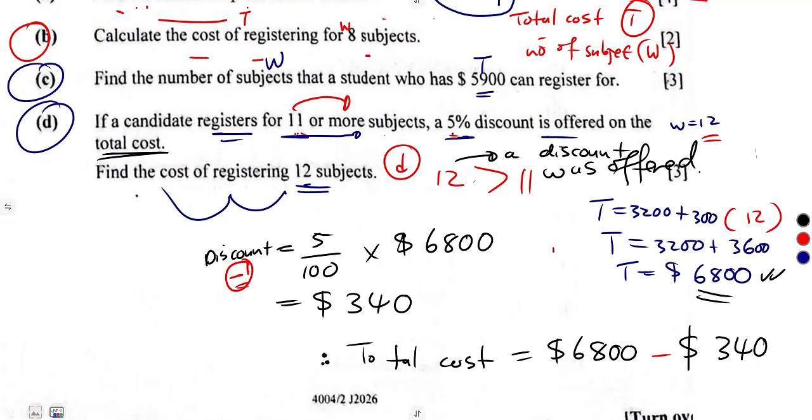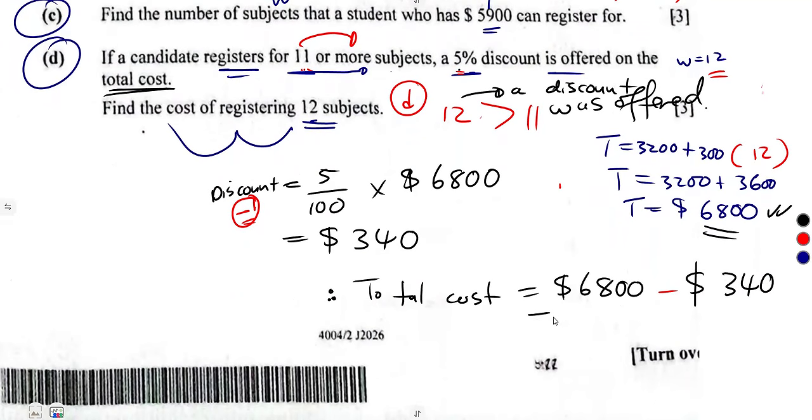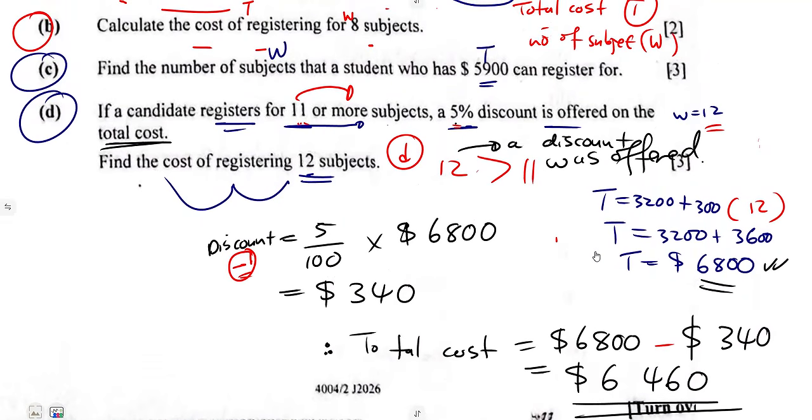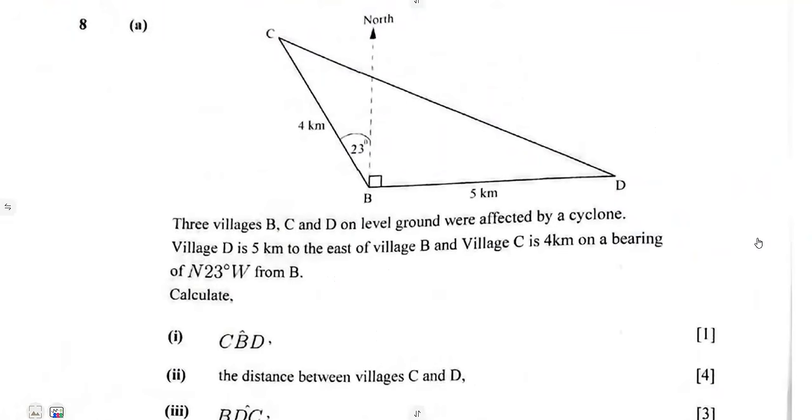That gives us the total cost, which is $6,460. So that's how we simply play around these typical questions. As you can see, that was our question number 7. Let us move on to question number 8.